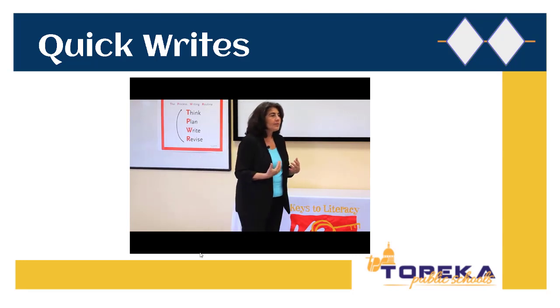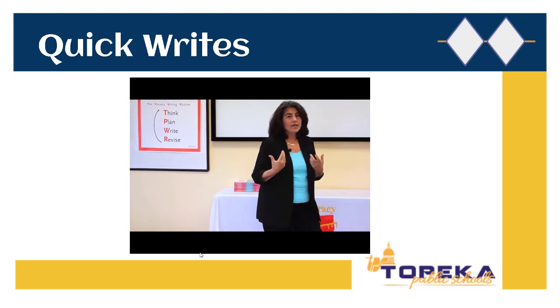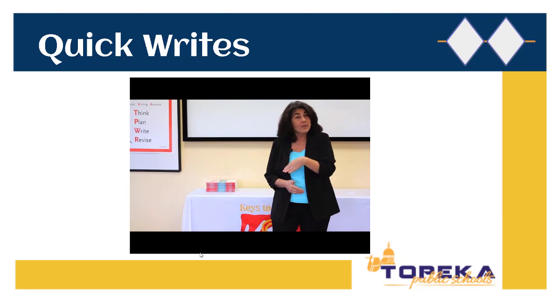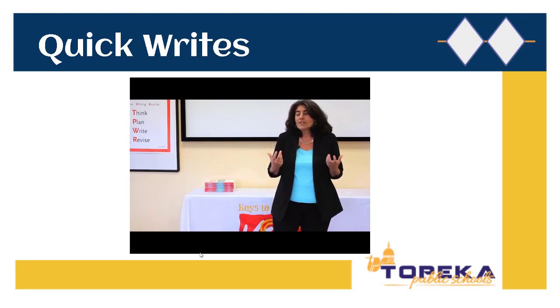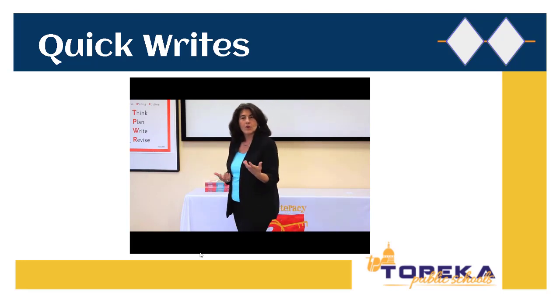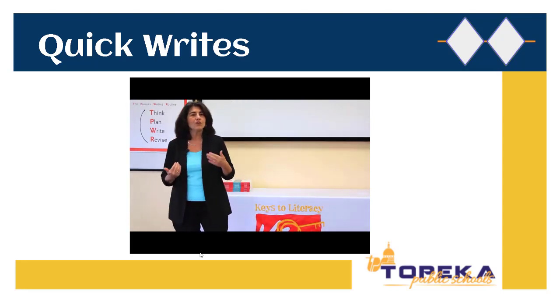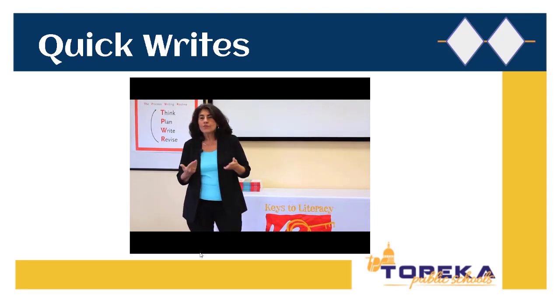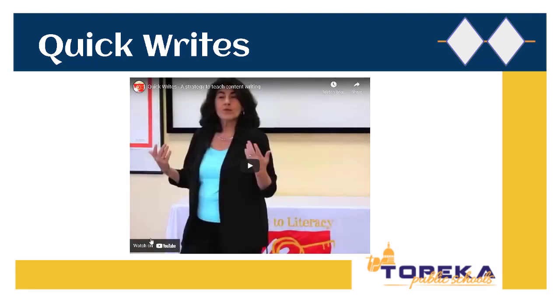The other thing is, give it more of a simple grade, like a check plus, a check, or a check minus, because it's really hard to give kids a numerical value on something that you're trying to say to them in the first place is just simple writing, getting it out on paper. So those are a few of the things that you can think about in terms of what do you do with the quick writes once students are finished.